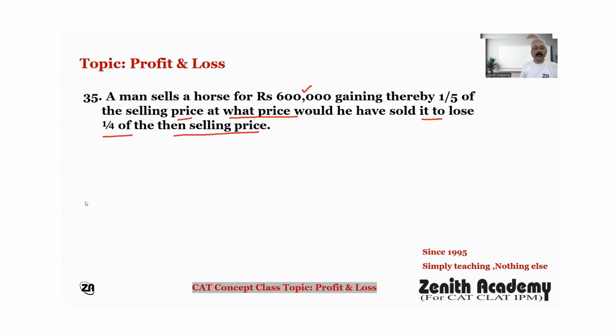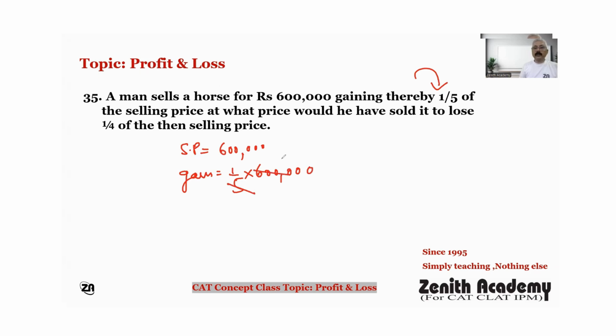So look here in this question, first selling price is 6 lakhs. And here gaining thereby 1 by 5 of the selling price. So gain is 1 by 5 of 6 lakhs. So it is 1 lakh 20,000.